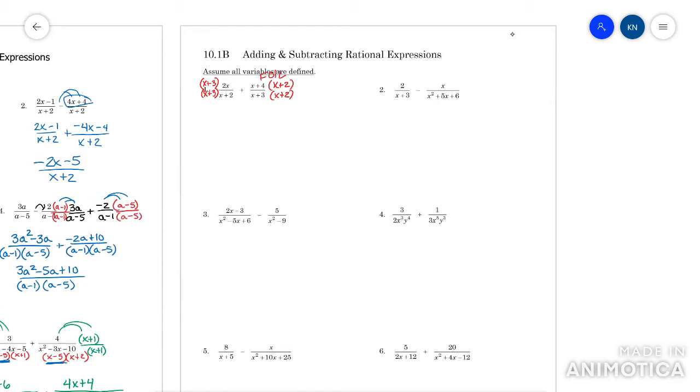So once you do all this, you'll get 2x squared plus 6x over the common denominator. And then if you run FOIL correctly, you'll get x squared plus 6x plus 8 over that common denominator. Now you can combine numerators.